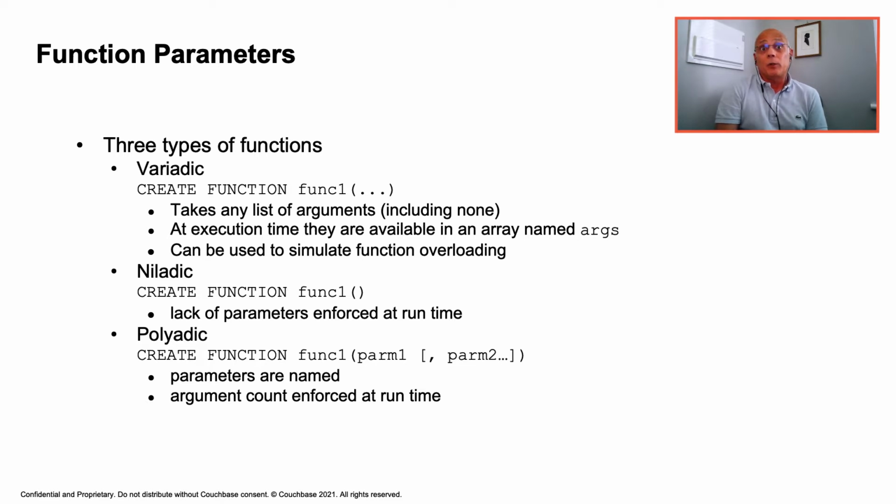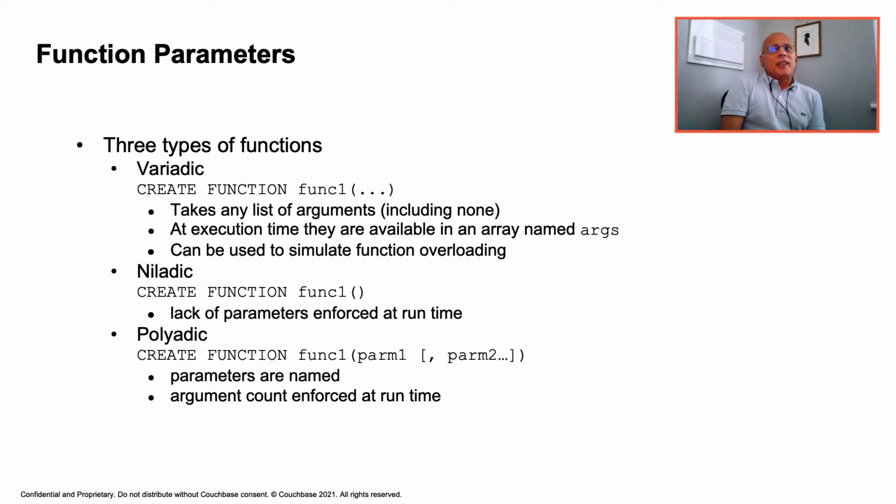When you invoke functions that are created this way, the argument count is going to be enforced. If you specify a number of arguments which is different from the number of parameters, you're going to get an error. Or you've got a more flexible type called variadic functions, which take any number of arguments, including none. And these are denoted with a triple dot parameter list.